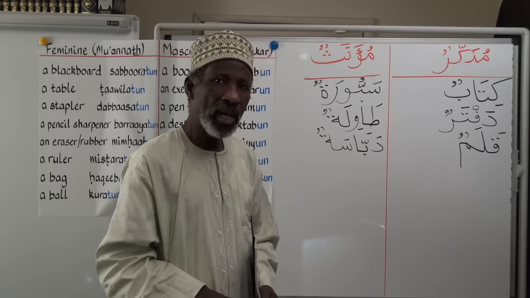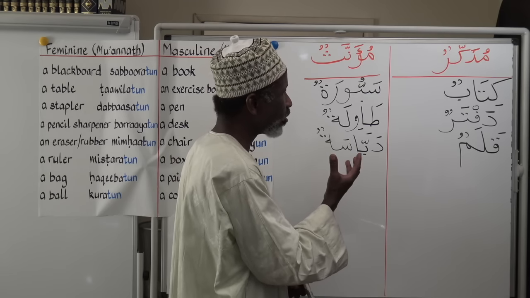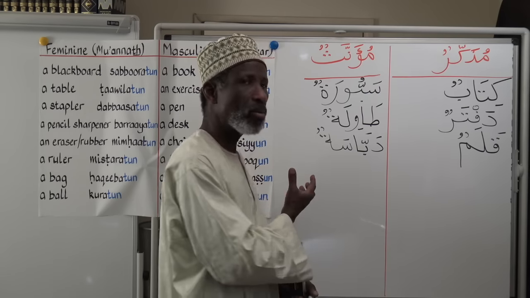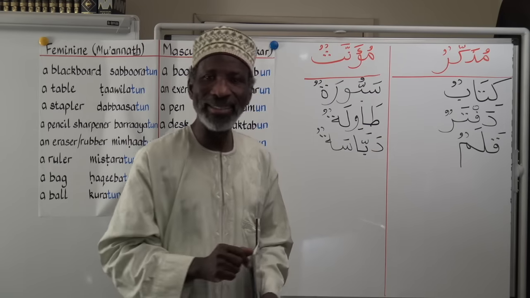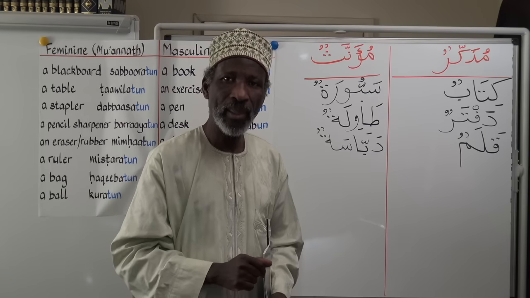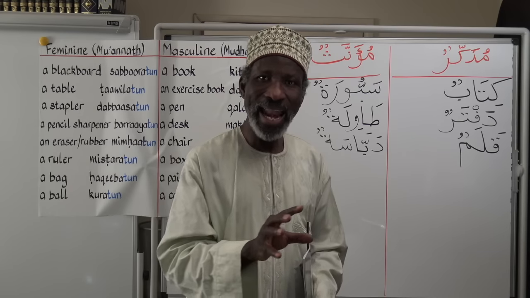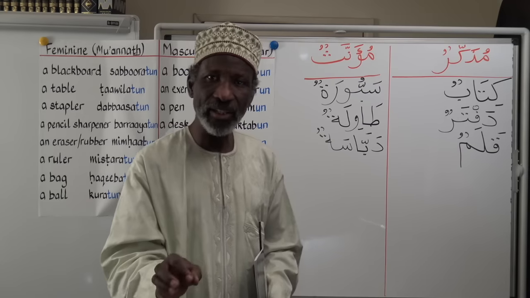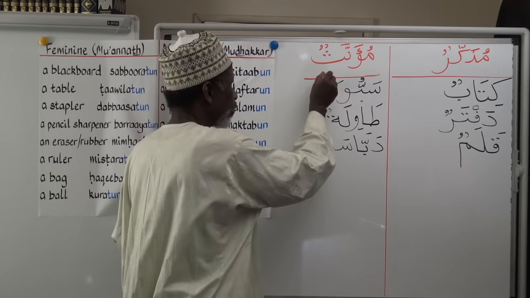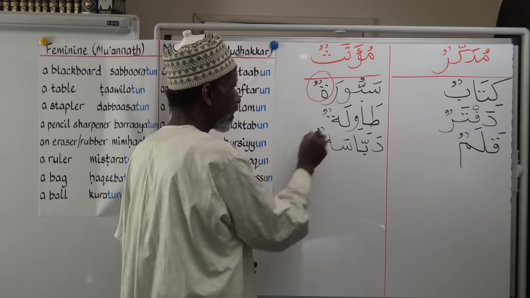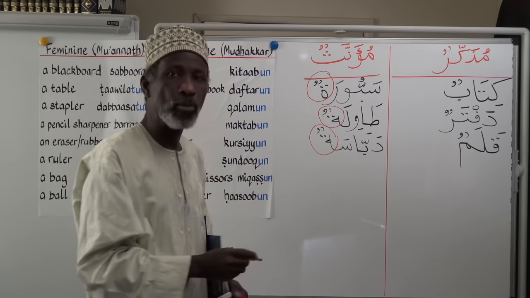Now, how do we know which one is mudhakkar and which one is mu'annath if I did not put them under the correct title or heading? There is a clue. In Arabic, any noun or adjective ending in ta marbuta, this type of ta, is called ta marbuta.